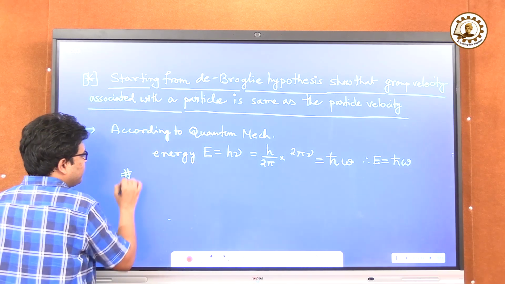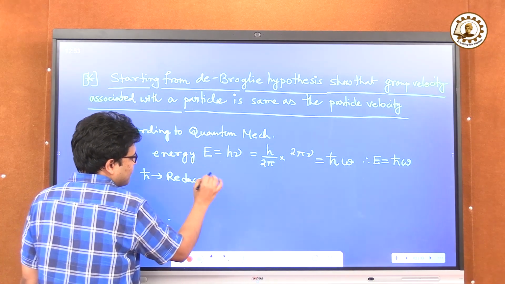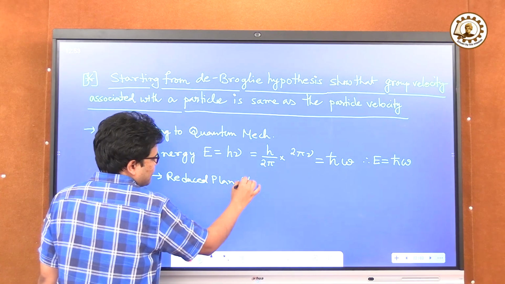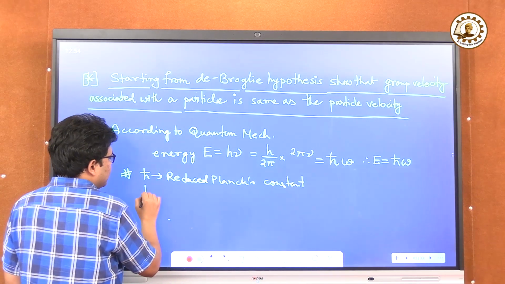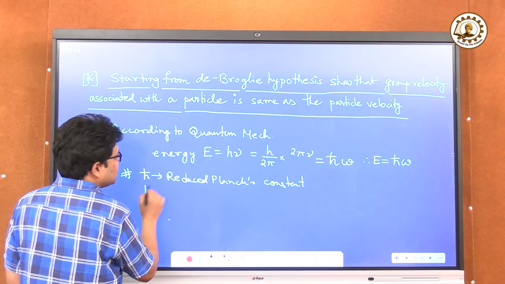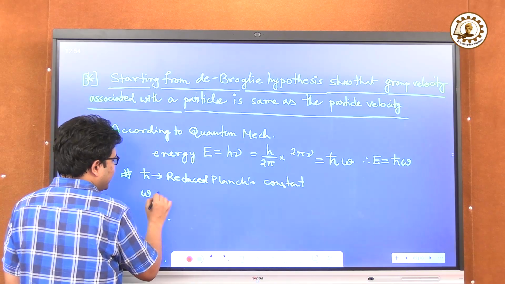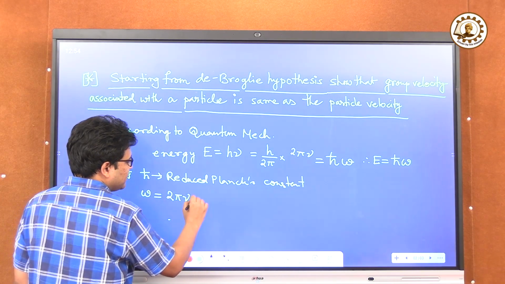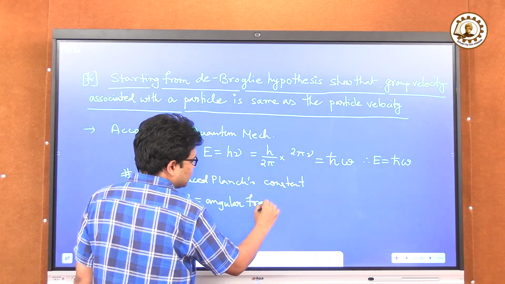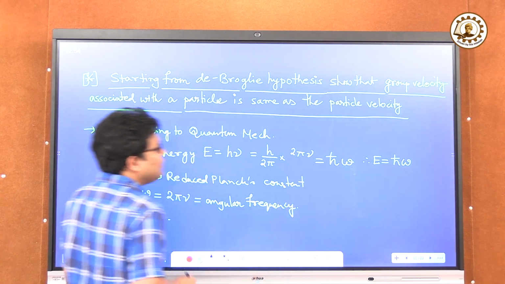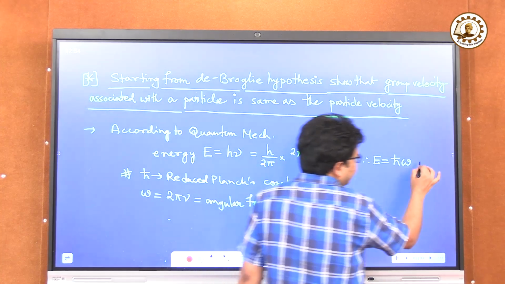Here, one thing to be remembered is that h cut is the reduced Planck's constant, and omega equals 2 pi nu is the angular frequency. I am writing this as equation number 1.